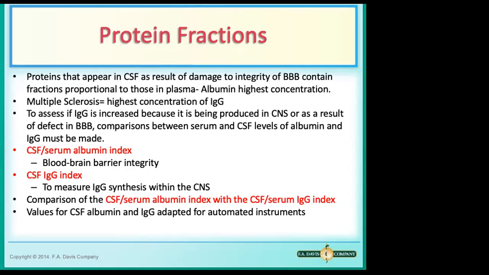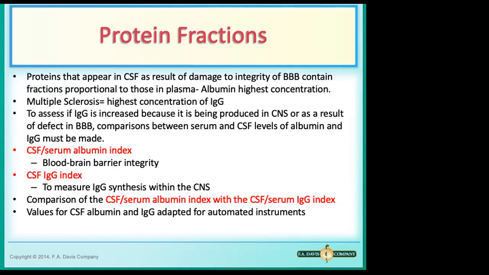Certain neurological diseases are associated with abnormal CSF proteins, so we have to measure the individual protein fractions. These are proteins that show up in the CSF as a result of damage to the integrity of the BBB. So if there has been damage to the blood-brain barrier and there is a resulting protein fraction, that can be an indication of something. We are going to be able to determine different neurological disorders here.